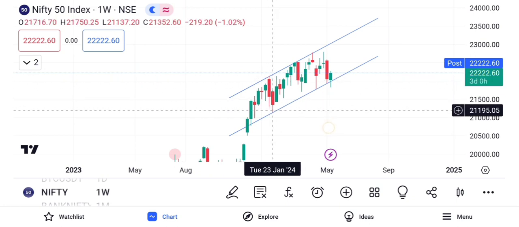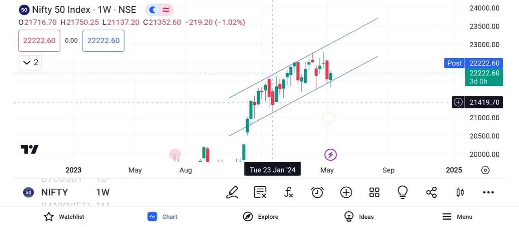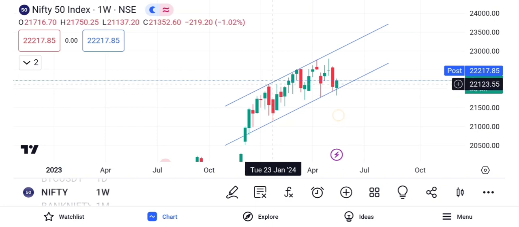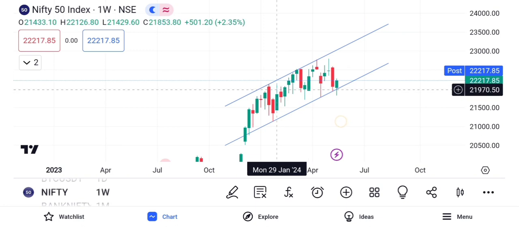So if the market comes to this level, try to buy from this level. The market has almost given a 1000 point run, okay, so that is a swing trade you could have done, and the huge target or huge money you could make, I would say.